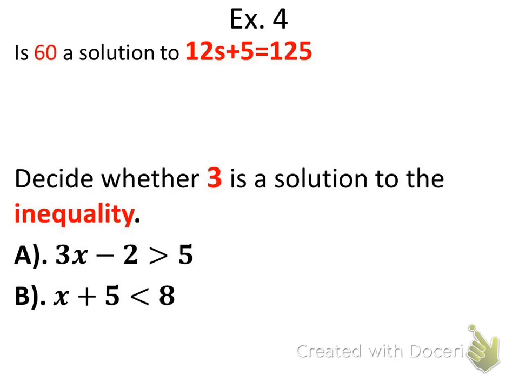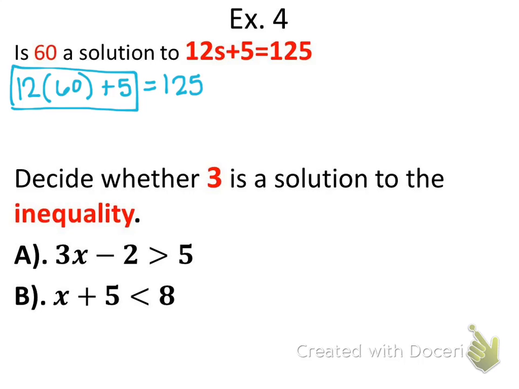Let's plug it in. So I'm going to do 12 times, I'm going to plug in that 60 for S, plus 5. And let's see, is it going to be equal to 125? Really, this right here is the only thing I need to solve, because I already know that something is equal to 125, and I just have to see if it's going to.